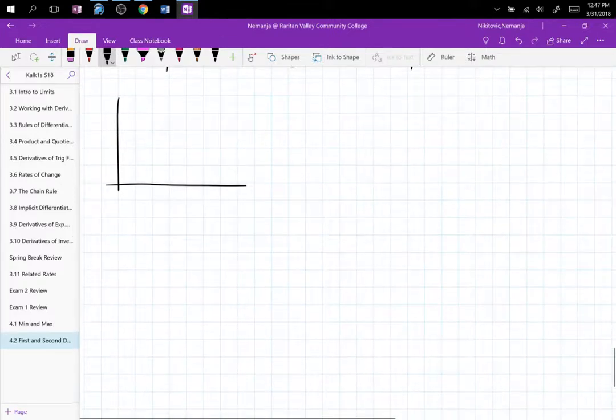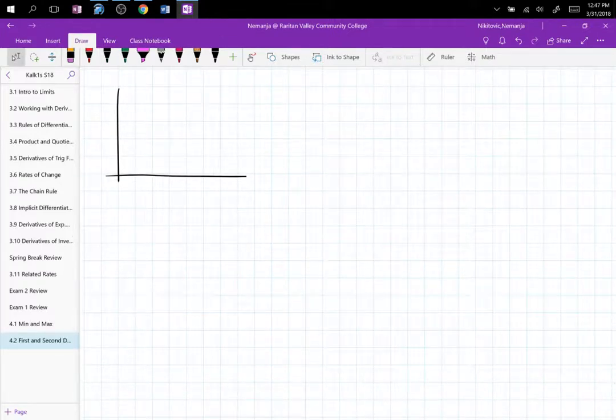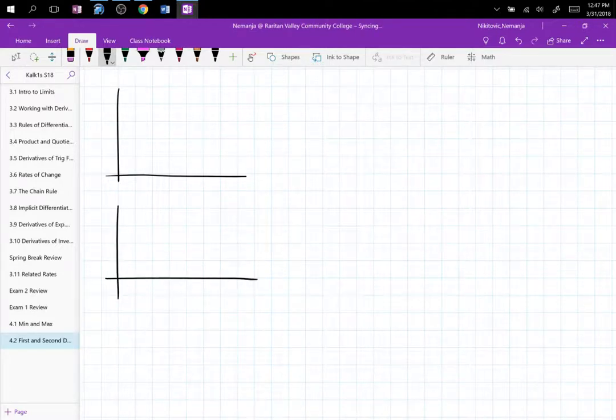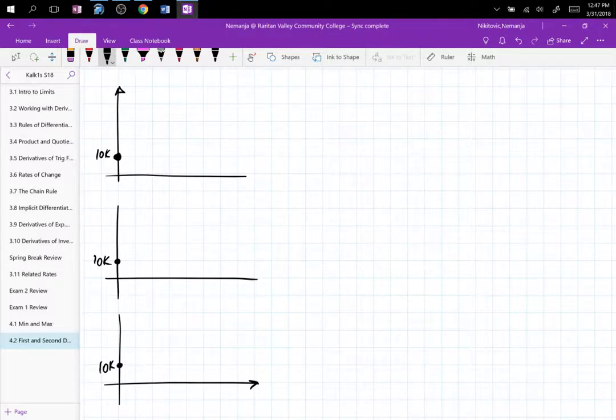So what I'm going to have now are 3 portfolios that invested the same amount of money over the same period of time. All right? So let's say they all invest 10K. So each investor is putting in 10K.